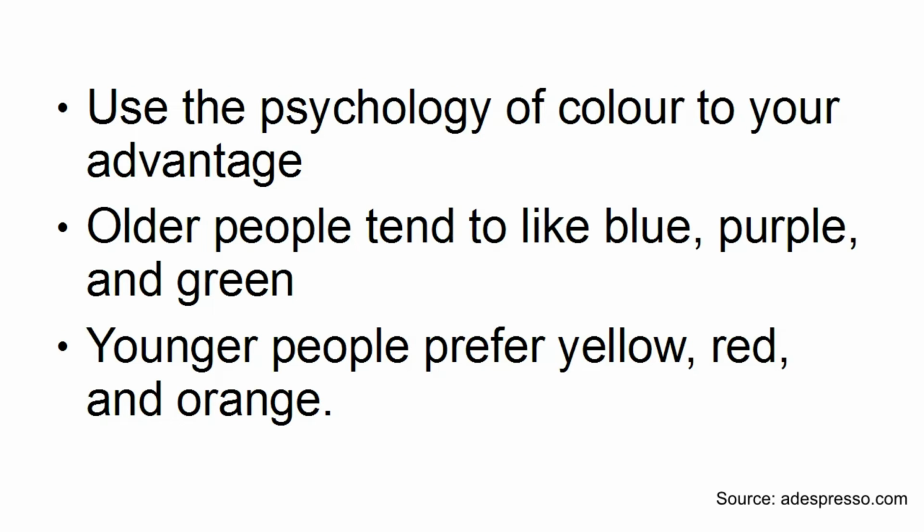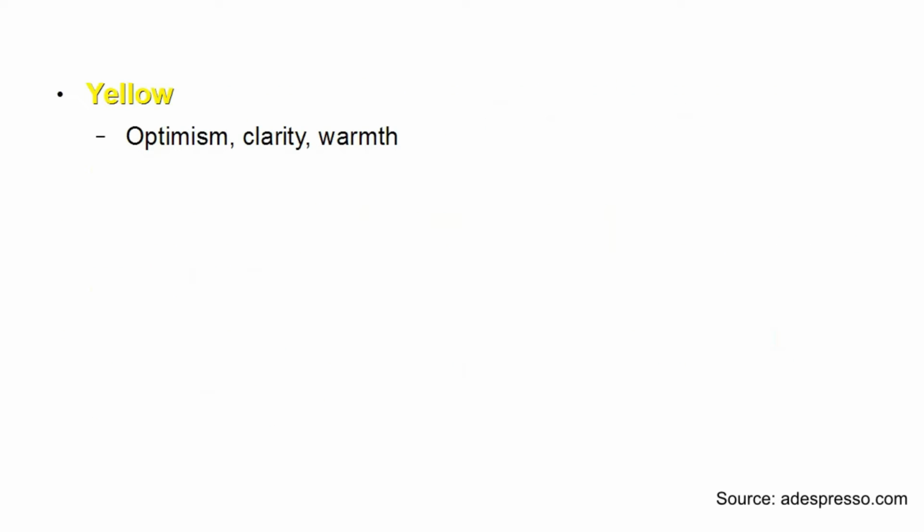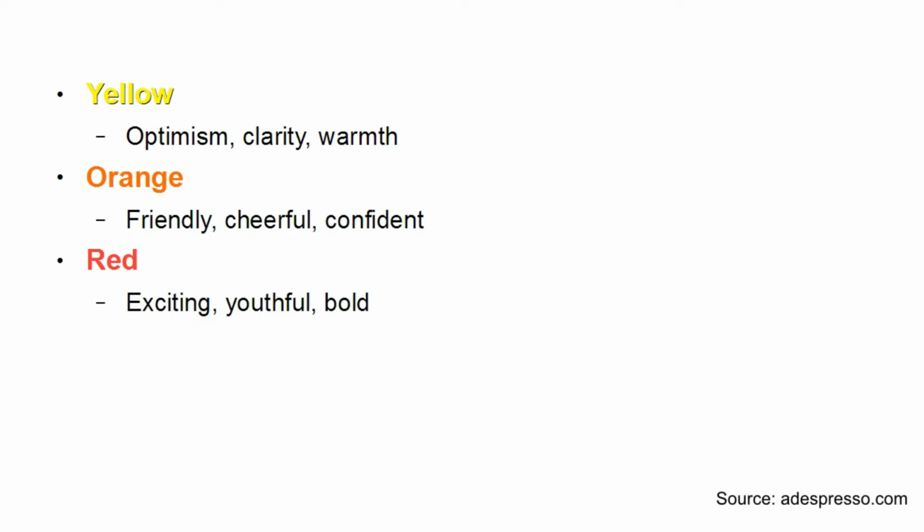For example, yellow tends to convey optimism, clarity, and warmth. Orange is considered friendly, cheerful, and confident. Red is exciting, youthful, and bold. People associate purple with things that are imaginative and creative.